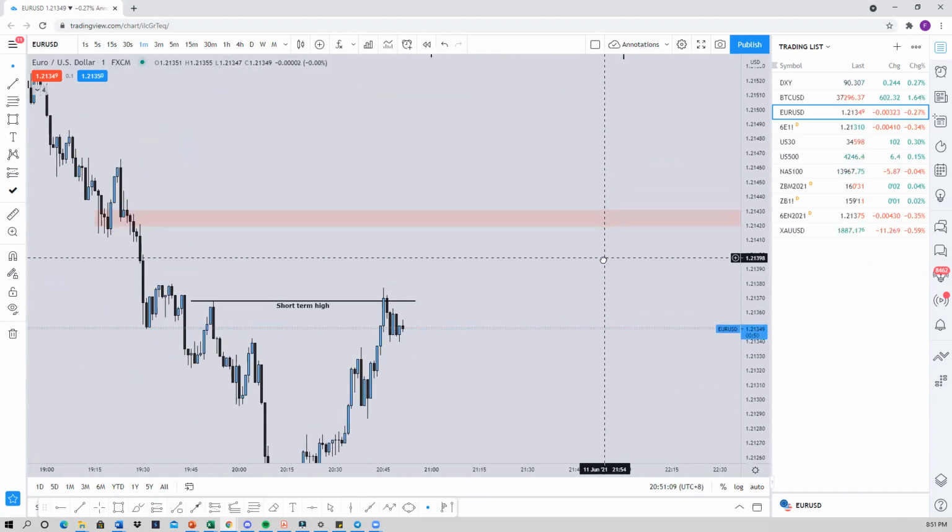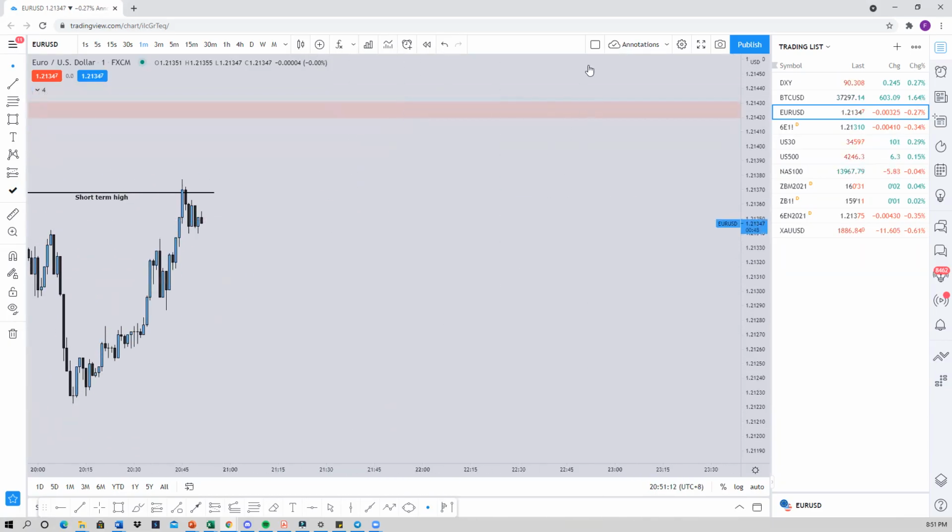So where do we start with order flow? Now, it's like a refresher for everyone. Order flow is essentially the flow of orders.